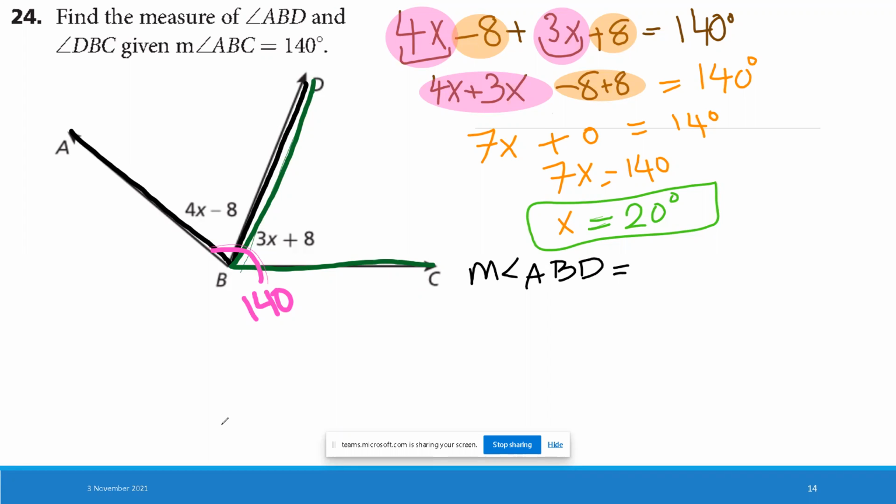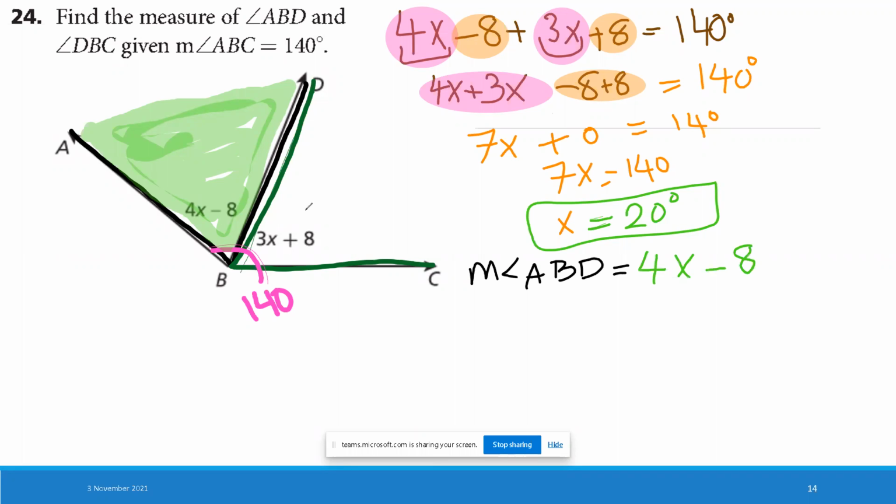Which expression represents ABD? Is it 3x plus 8 or 4x minus 8? Bravo. It's 4x minus 8.